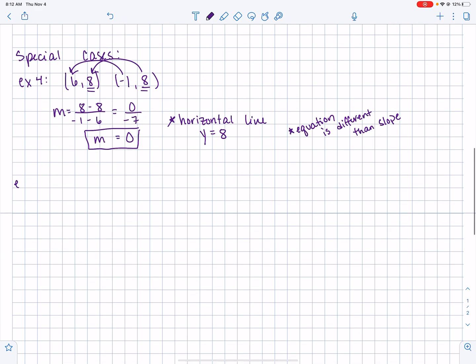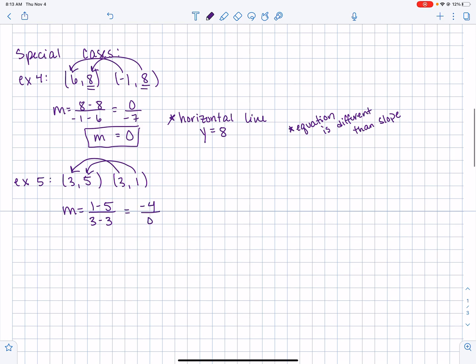Your other special case is going to be example 5, and that's going to be (3, 5) and (3, 1). Again, draw those arrows. So my slope here is equal to 1 minus 5 over 3 minus 3. 1 minus 5 is negative 4 over 0. Uh-oh. Oh no. Cannot divide by 0. So if you get 0 in your denominator, this is what it means: your slope is what we call undefined.